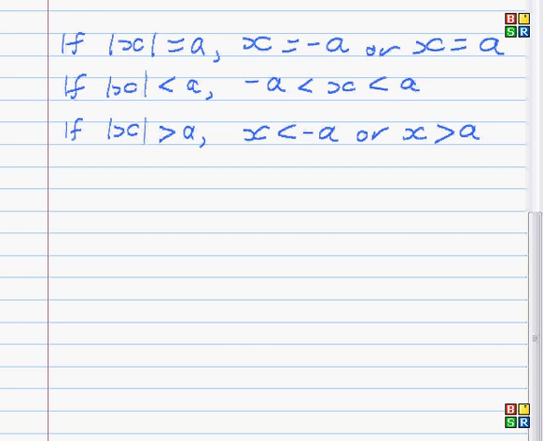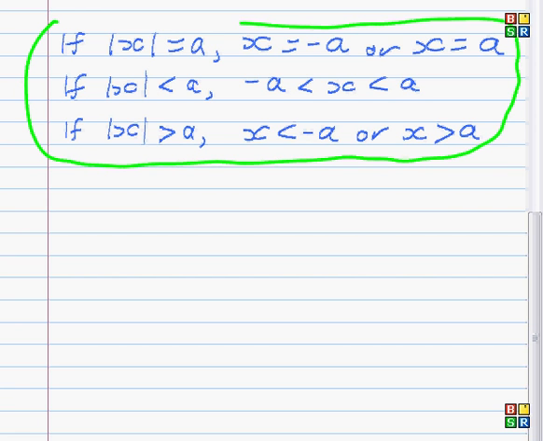So here are the three rules that we need to use, and these are relevant for every absolute value question. So let me show you how to use it. For example, if you had a question that said the absolute value of 2x plus 4 is equal to 2, then what you do is you use the first rule up here.